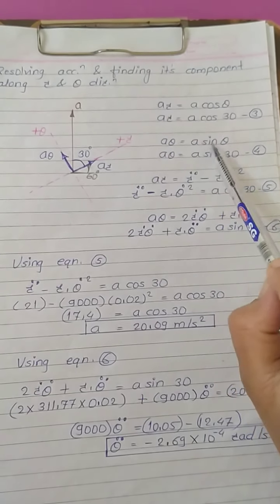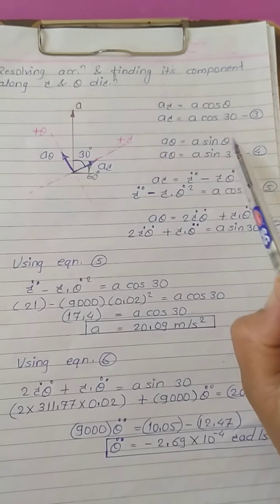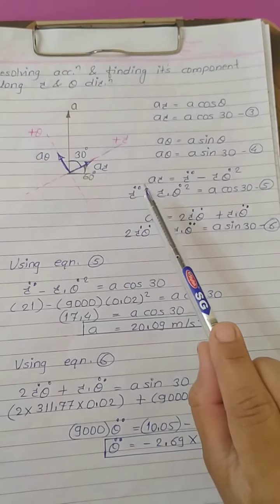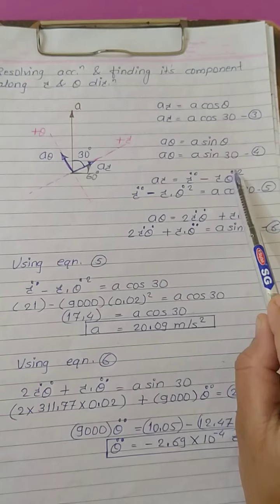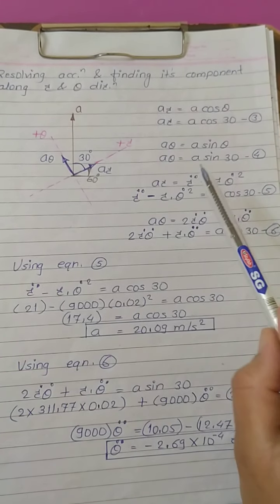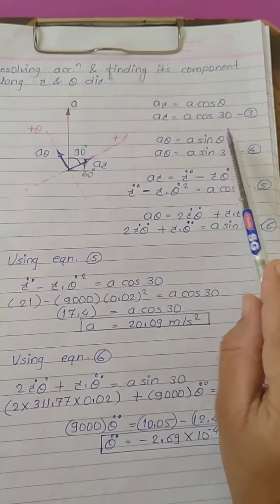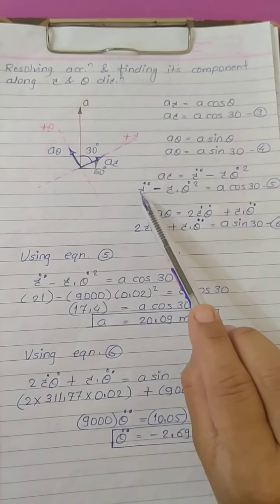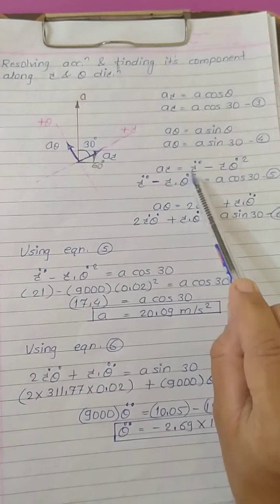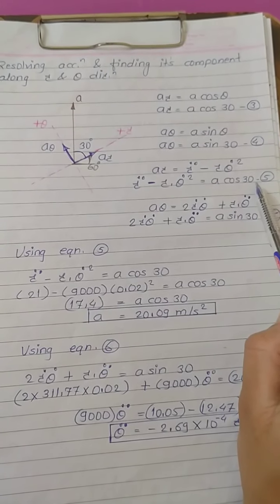Similarly, a theta is a sin theta, where theta is now 30 degrees. We know ar is also r double dot minus r theta dot square. So equate this to a cos theta. My equation reduces to r double dot minus r theta dot square equals a cos 30.